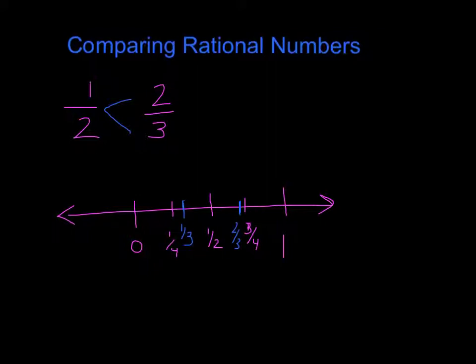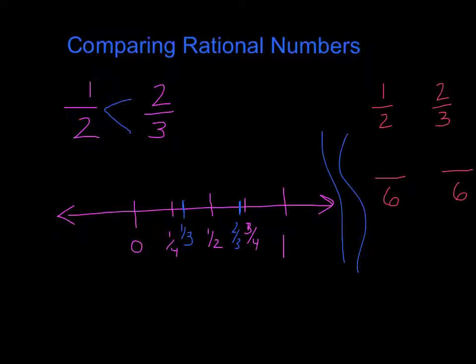So I could look at a number line and go by it, but that becomes a little bit complicated at moments. So often, what's a little bit easier, or a little bit quicker in some ways, is to start with the 1/2 and the 2/3 and find a common denominator. So what's the common denominator of 2 and 3? It's going to be 6. 1/2 is 3/6. 2/3 will be 4/6.